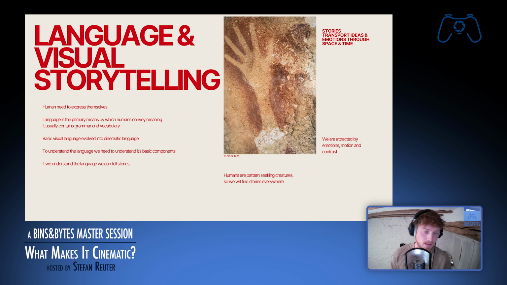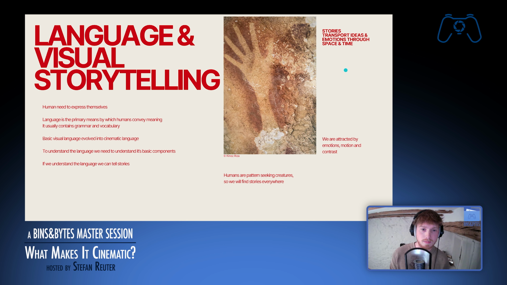All right, let's look at where it comes from. As a language, we kind of have to talk about visual storytelling. It's been there forever, basically. If we go back in time, this on the right side here is one of the very first paintings, kind of, that got delivered from cavemen.